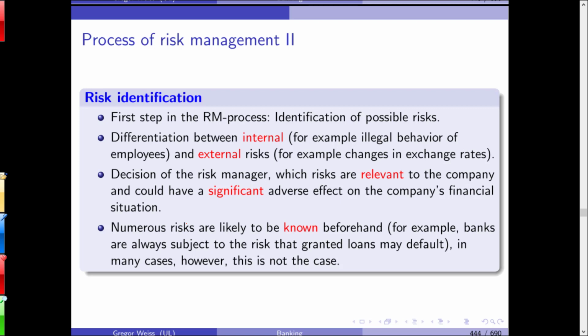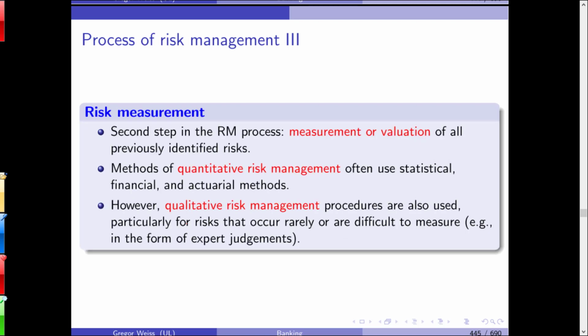Can they work from their homes? And how can the business be run at least at a minimal level to keep going until it is safe to enter the headquarters again? And this is also part of risk identification. You need to think about internal and external sources of risk that might affect your business.